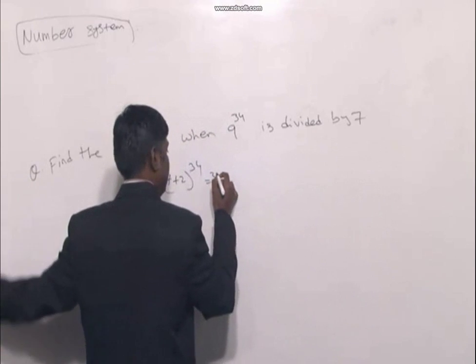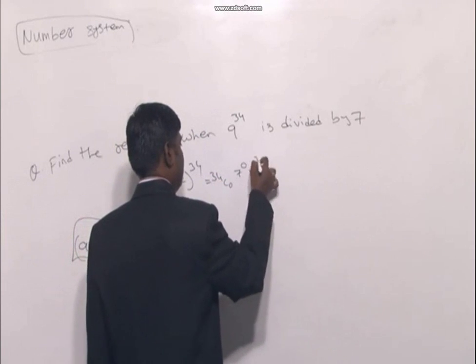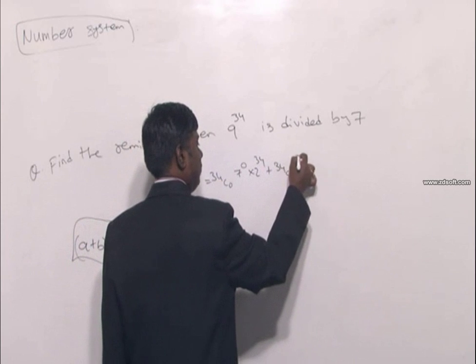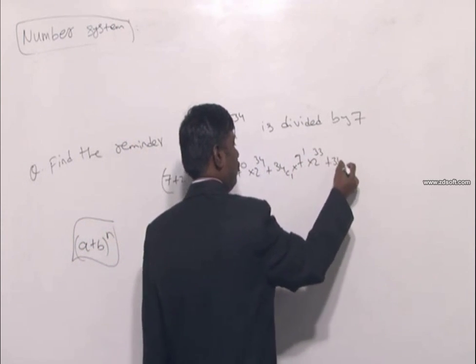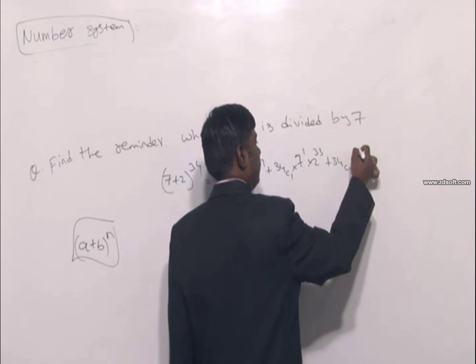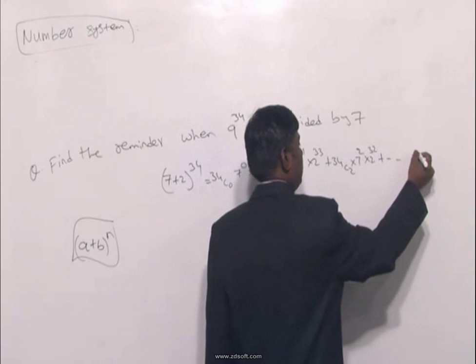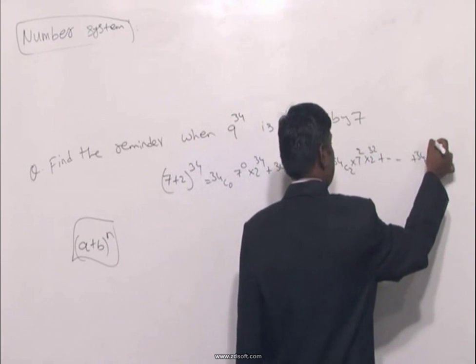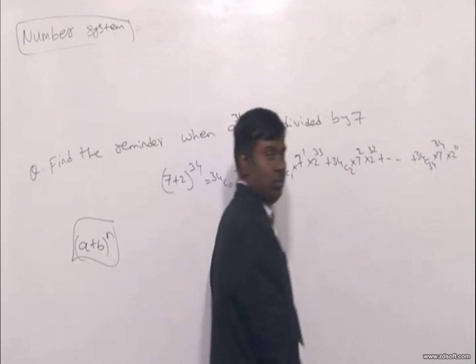I'll write properly. 34C0 into 7 power 0 into 2 power 34 plus 34C1 into 7 power 1 into 2 power 33 plus 34C2 into 7 power 2 into 2 power 32, and so on. Last term 34C34 into 7 power 34 into 2 power 0.